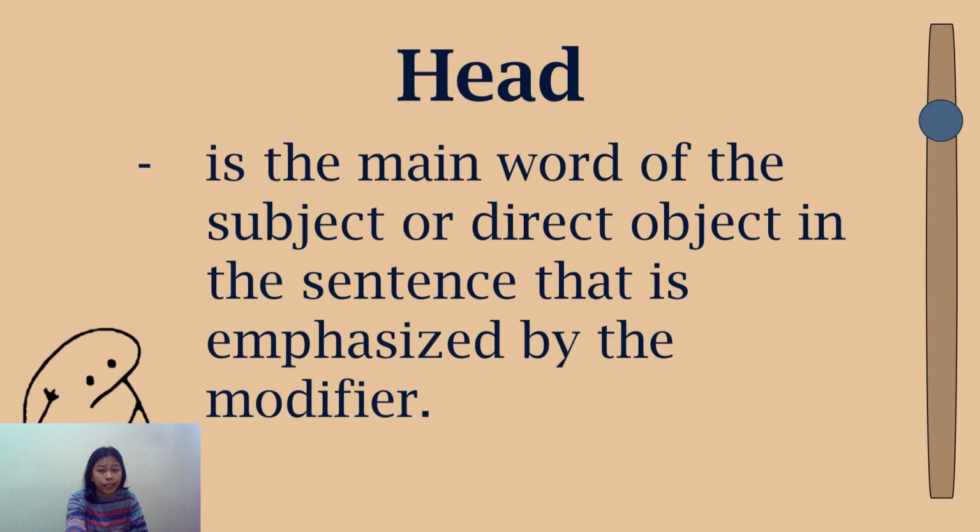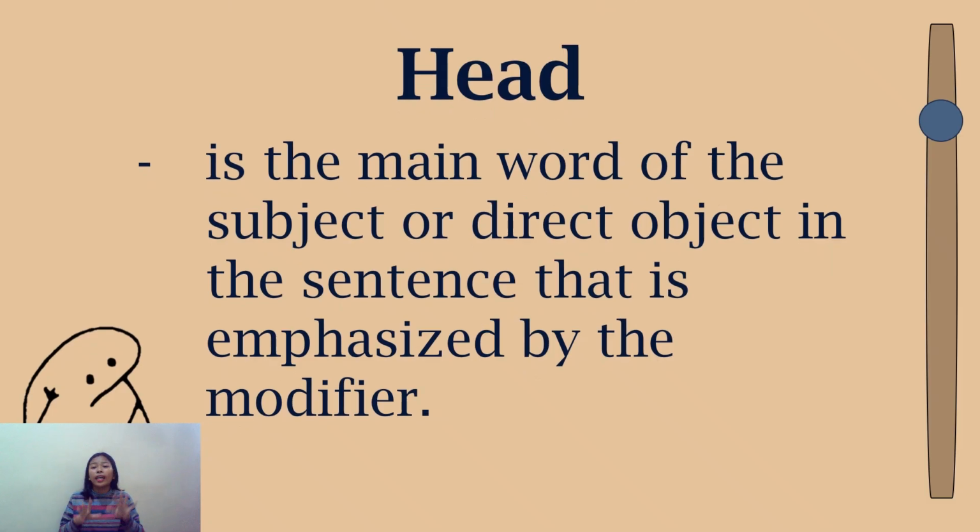What is the head? The head is the main word of the subject or direct object in the sentence that is emphasized by the modifier. Okay, understood? Yes, it's very simple. It's very easy to understand.